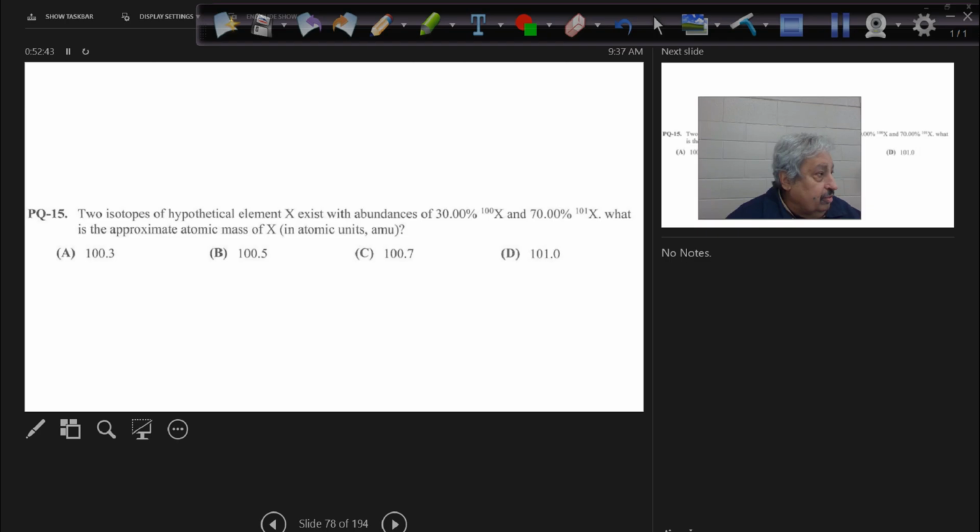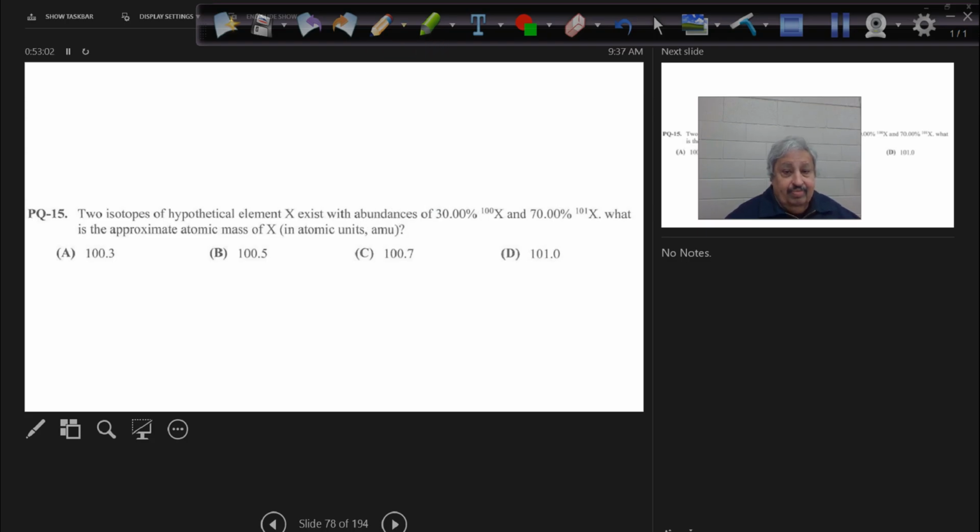Everybody knows the formula of it. There's too many formulas, I know that's too many formulas. But this will come in the final exam for sure.